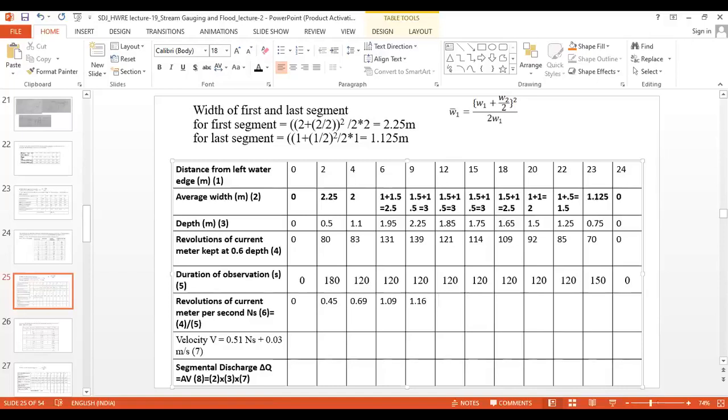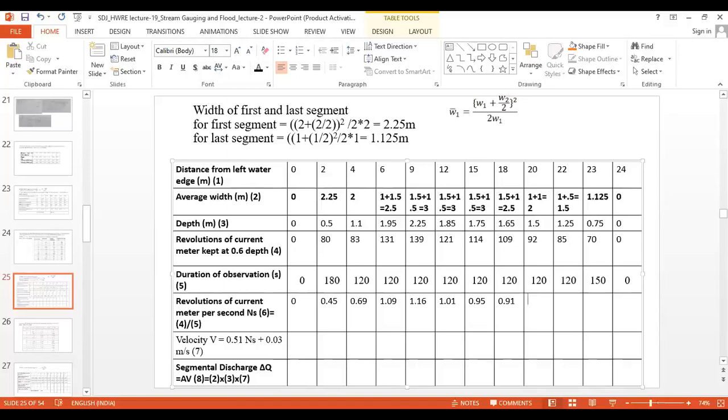Then 121 by 120 is 1.008, so 1.01 will be there. Then 114 by 120 is 0.95. Then 109 by 120 is 0.91, 908 is there, so 0.91 will go.